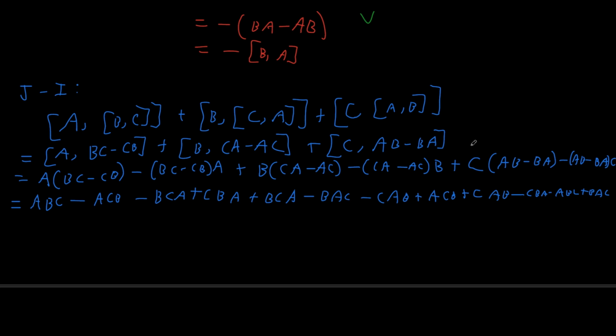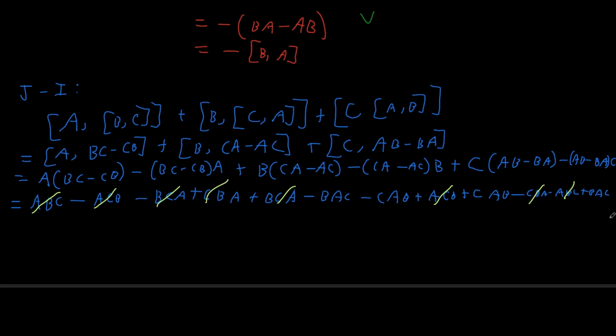So what we can do now is have a look at these terms and try to combine like terms. Clearly we have an ABC here and a minus ABC here, so these terms cancel out. Now here we have a minus ACB and a plus ACB, so these two terms cancel out. Minus BCA plus BCA cancel out. Plus CBA minus CBA, they cancel out.